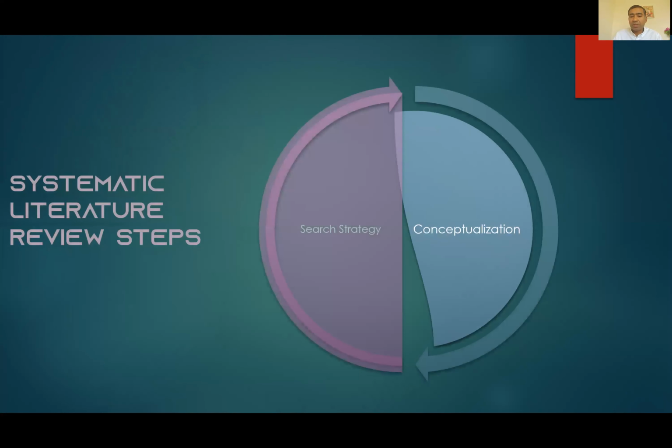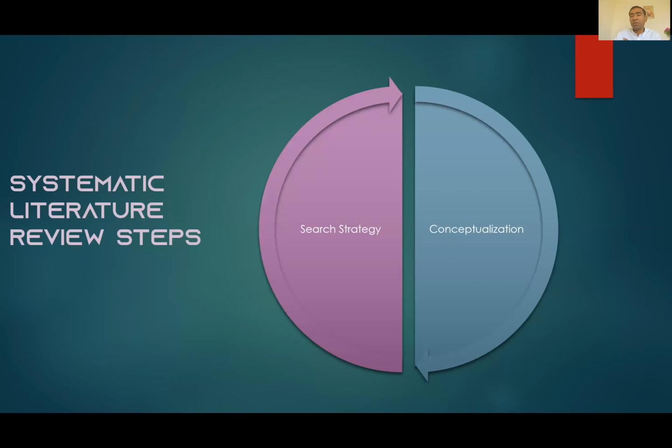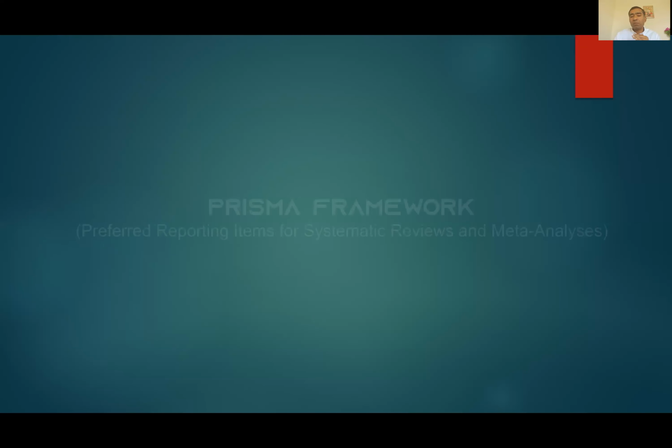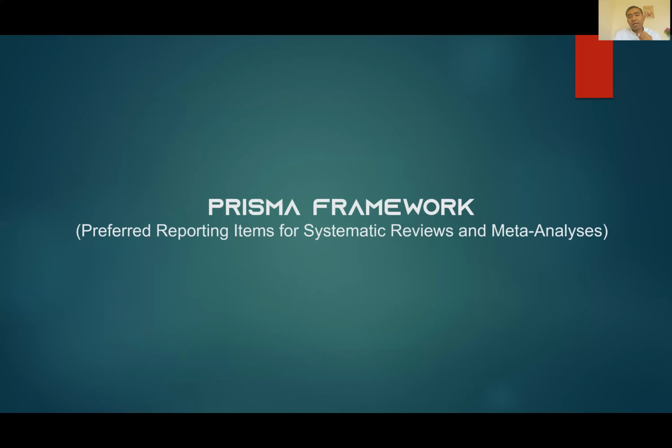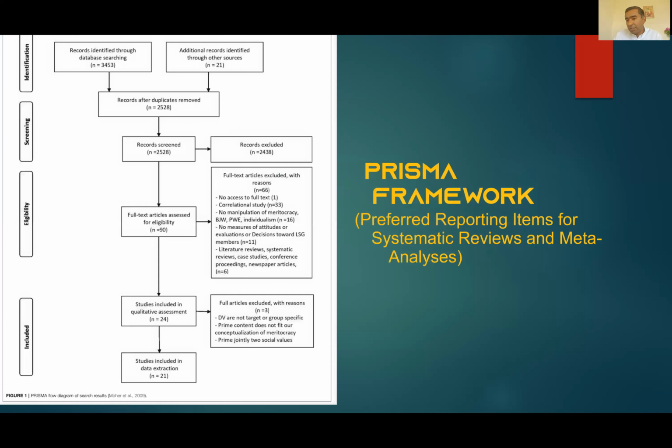And then we discussed the search strategy, which was mainly last week's work, where we worked on the PRISMA framework. You can watch this in the previous session as well, but I also asked you to explore the PRISMA website. It will give you more information on that. But the PRISMA framework was really simple.